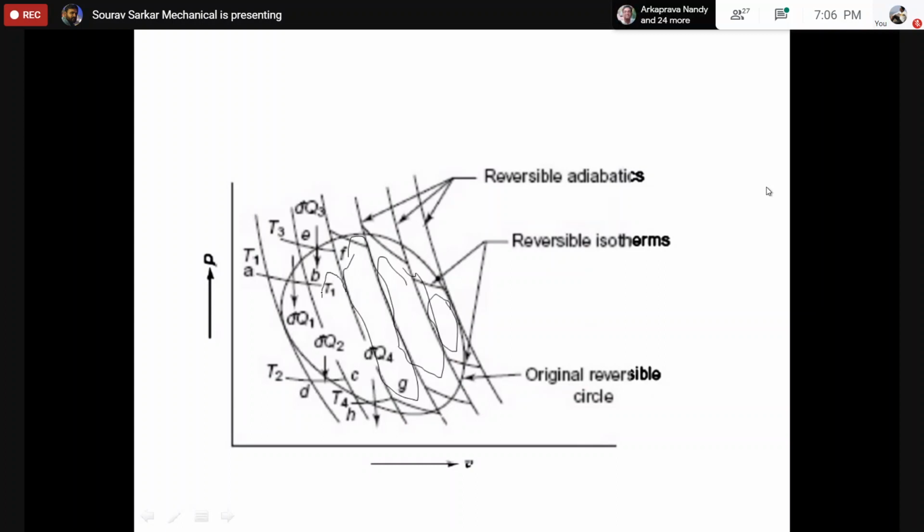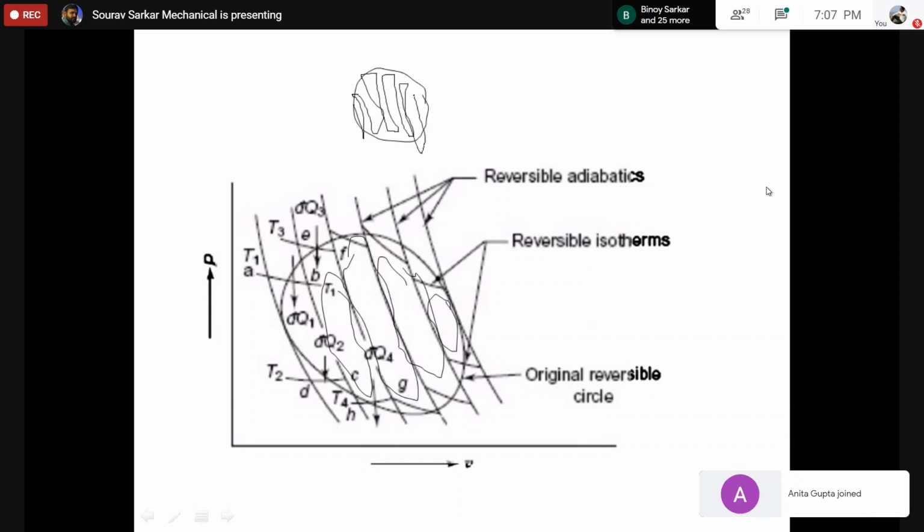What is this cycle? 2 adiabatic, 2 isothermal, Carnot cycle. So if I have one complete cycle, any cycle, I can consider this as nothing but the combination of several Carnot cycles. So any cycle can be considered as a combination of several Carnot cycles.